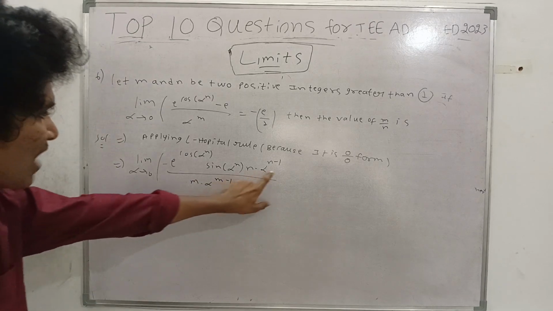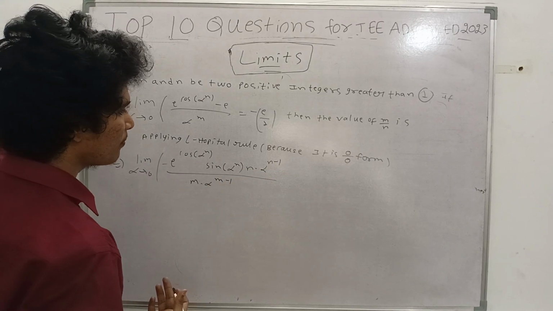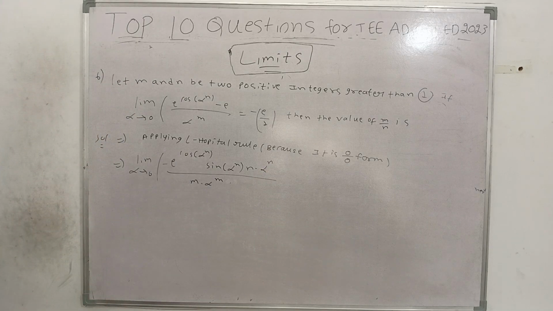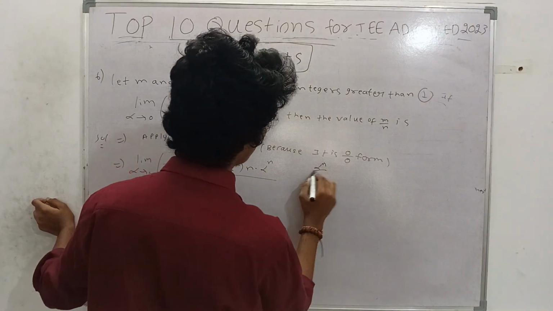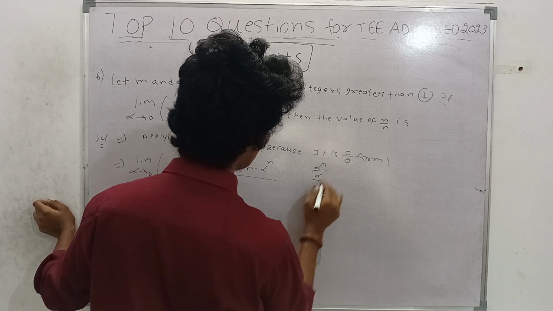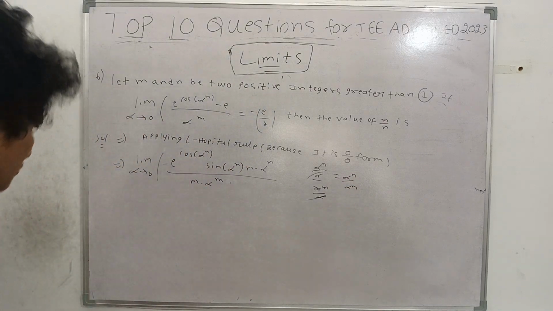If you observe carefully, here alpha power n minus 1, here alpha power m minus 1. So I can cancel the minus 1, because alpha will cancel, so it will be alpha power n divided by alpha power m.